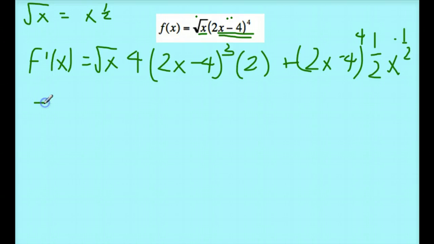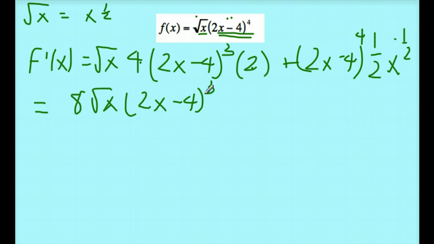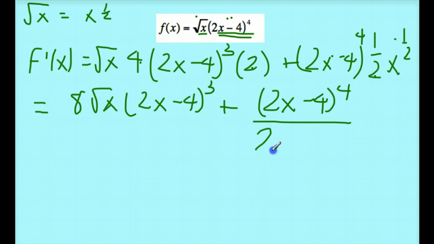And if I do that, just to simplify, I get 8 radical x times (2x minus 4) to the third, plus, I'm going to keep this on the top, (2x minus 4) to the fourth, bring this denominator down, and since this is a negative 1/2, I know there is a square root of x down here.